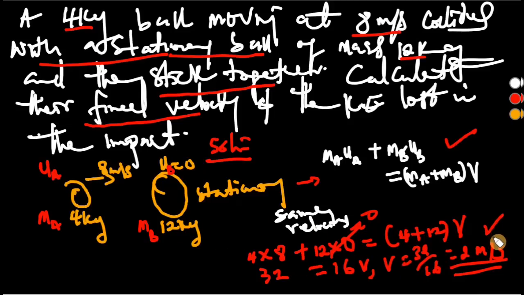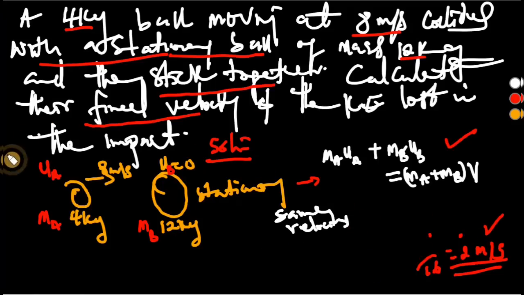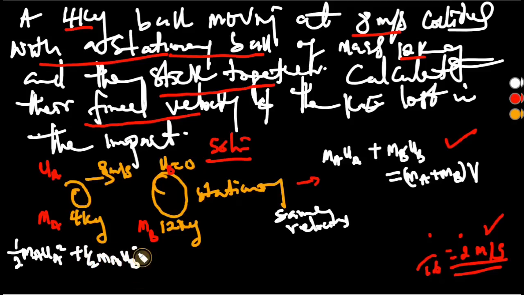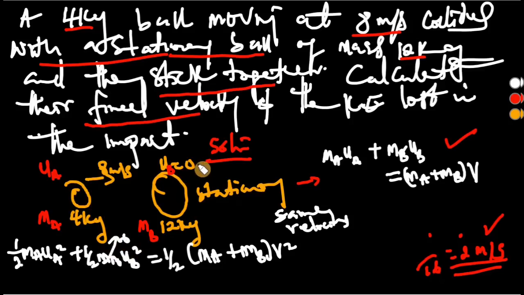Now let us see how the kinetic energy is lost for this collision. For these same two bodies, to show that the kinetic energy is lost, that is, the kinetic energy before will not be the same as after, we use this formula: half ma ua square plus half mb ub square equals half (ma plus mb) v square. You notice that this one is 0 because ub is 0.